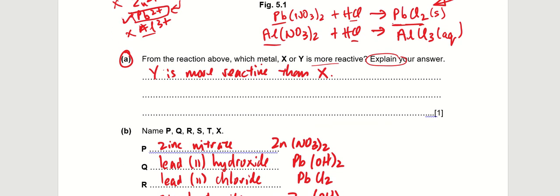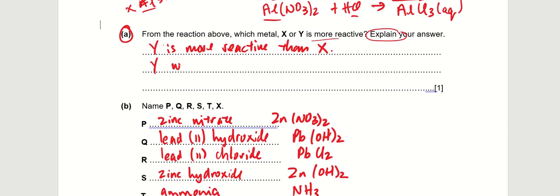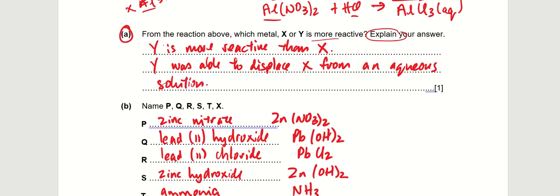Okay, so we can say metal Y was able to displace X from an aqueous solution of a salt containing X, because after all Y is more reactive than X.